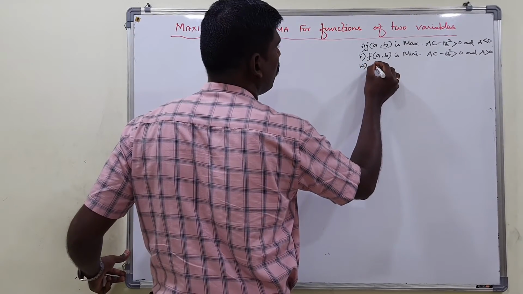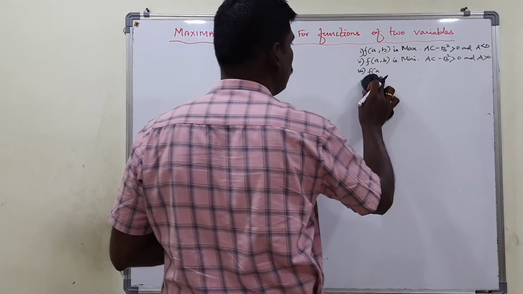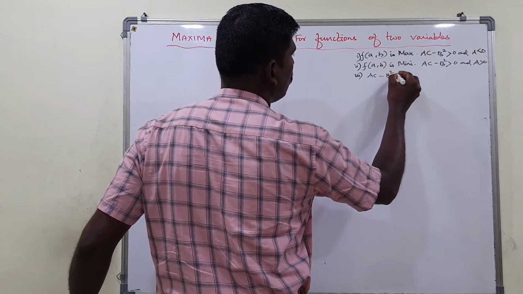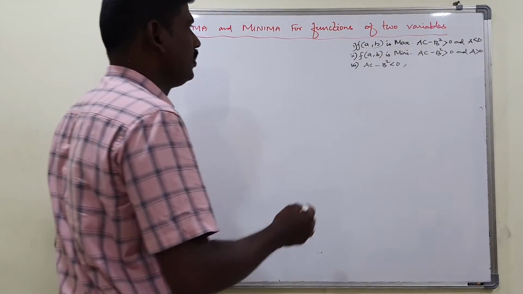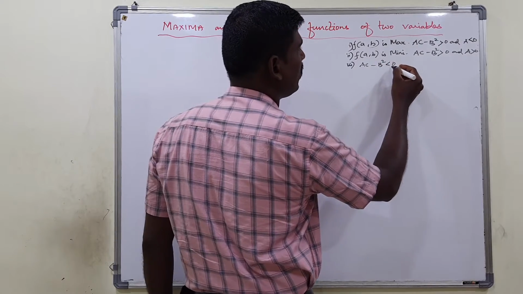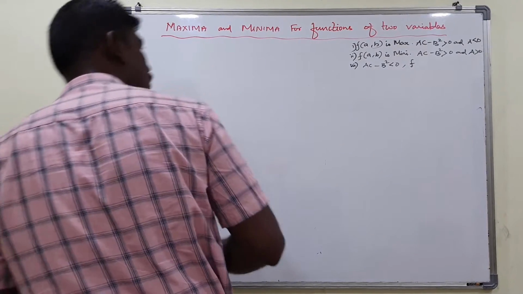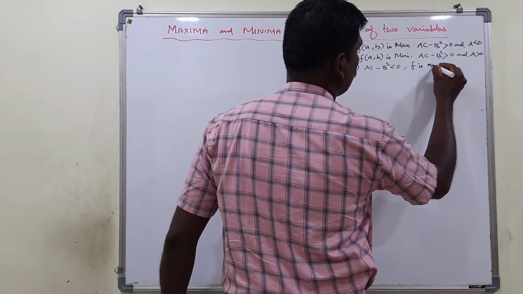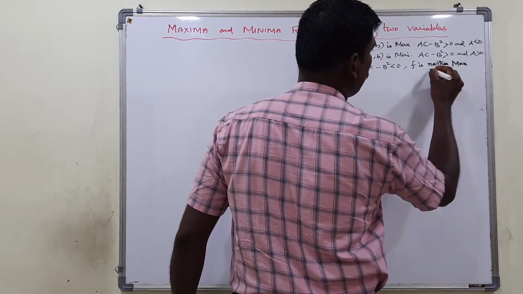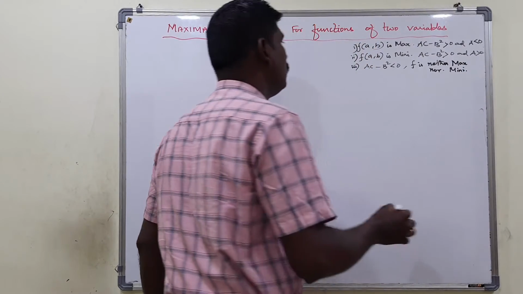The third one, if AC minus b square is negative, then a comma b is a saddle point. f is neither maximum nor minimum. That's all.